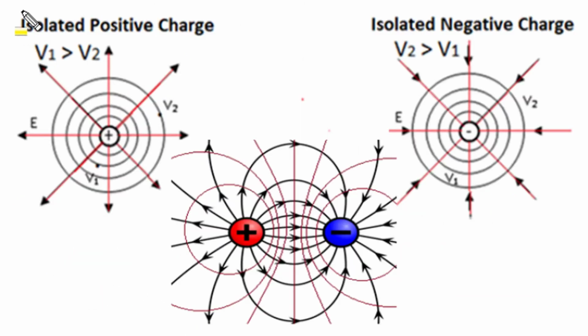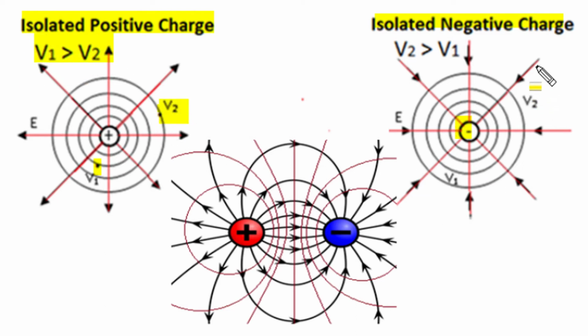For an isolated positive charge or isolated negative charge, the electric field is radial. For a positive charge it is radially outward, and for a negative charge it is radially inward, and in such conditions these spheres with a common center are equipotential surfaces of different potentials. Since electric field is directed from high potential to low potential, the inner position nearer to the charge, say at this position, has potential V1 higher than the potential of the far away position V2, so V1 is greater than V2.